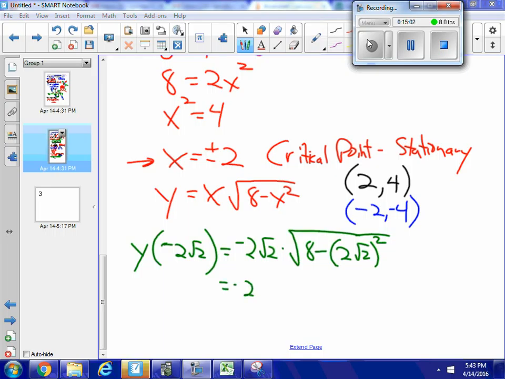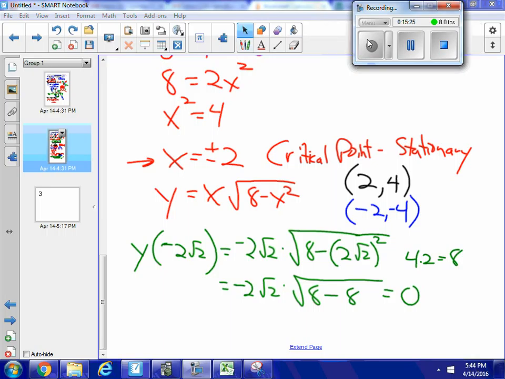Well, 2 radical 2 squared is 4 times 2. Oh, wait a minute. That's 8. 8 minus 8 is 0. So the answer to this is going to be 0.